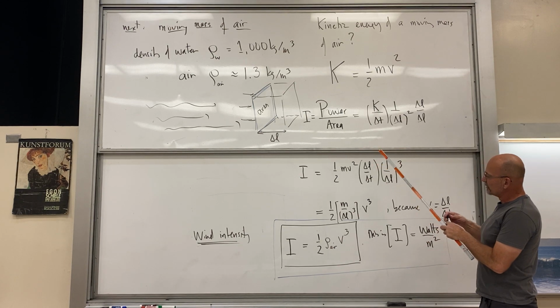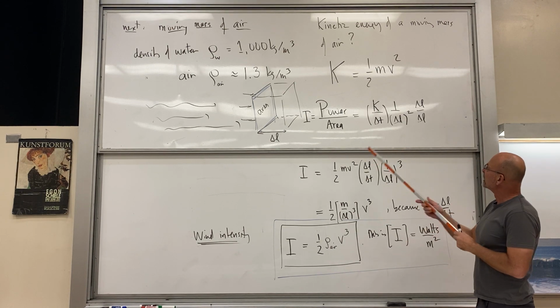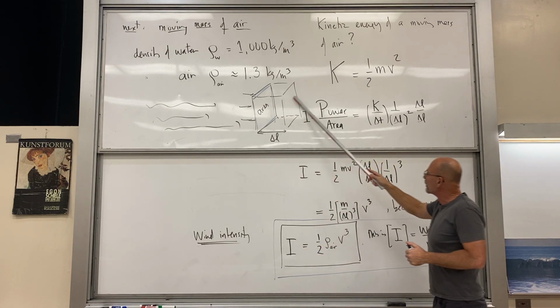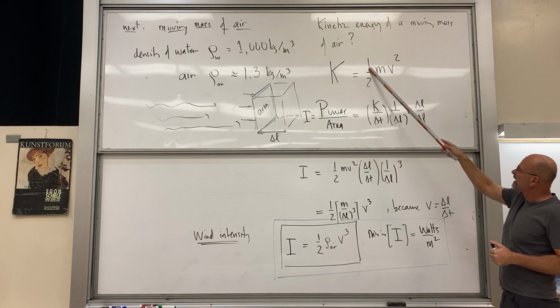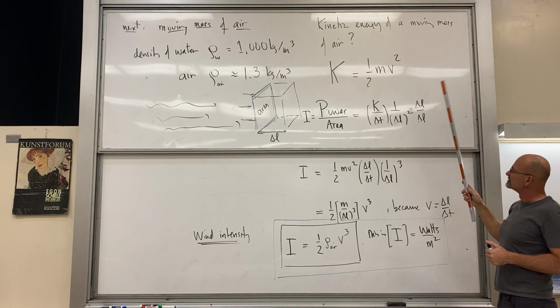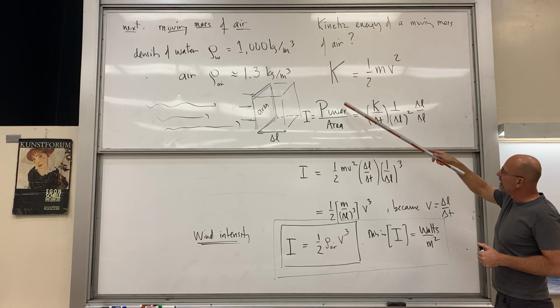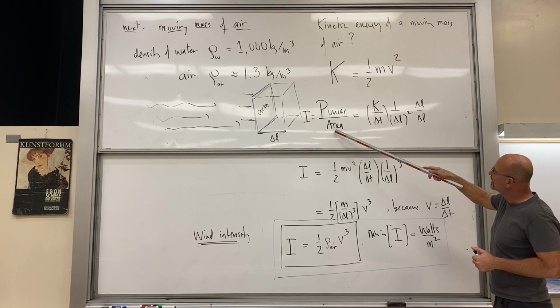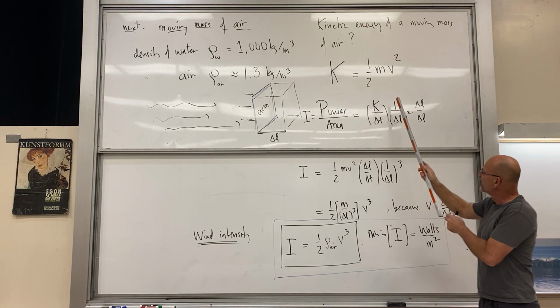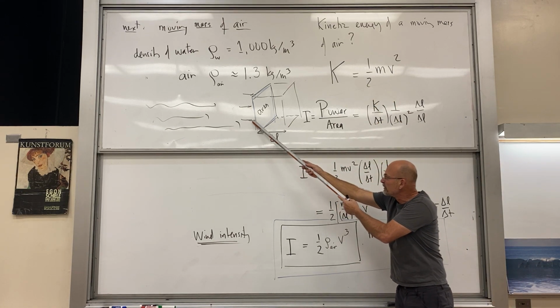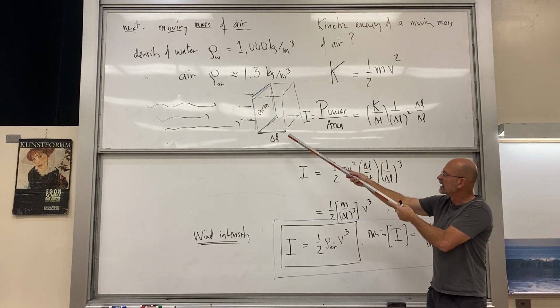So once again, before we go to the analysis of this formula, we just had a mass of air, like this big box of air moving forward with speed v, kinetic energy 1/2 mv squared. Then the power per area is the kinetic energy per time that is passing by that boundary right there, the blue part.